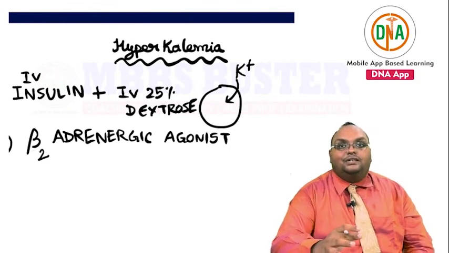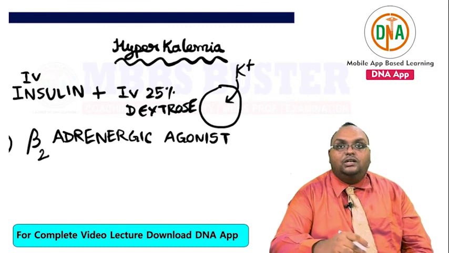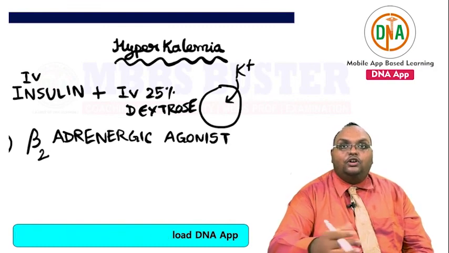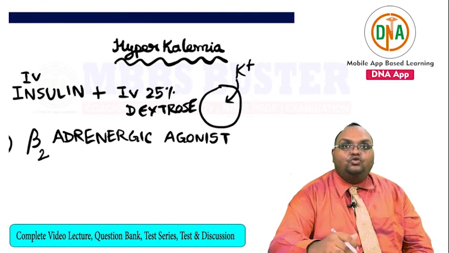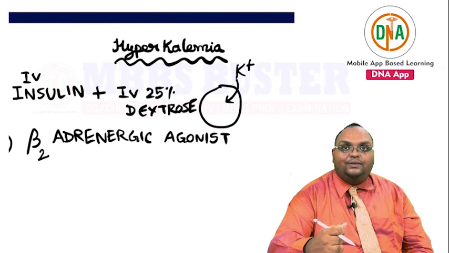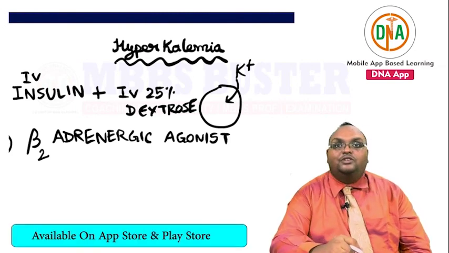You know that the beta 2 adrenergic receptor is responsible for, yes, glycogenolysis. It will produce glucose from the stored reserves in the body, right? That's how it maintains the metabolism. You've studied about that in your biochemistry.